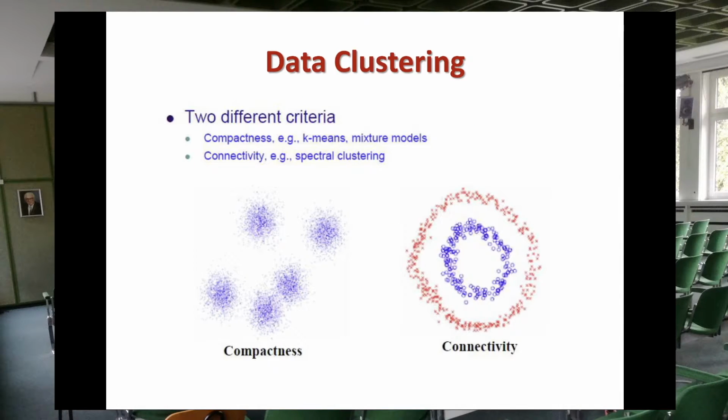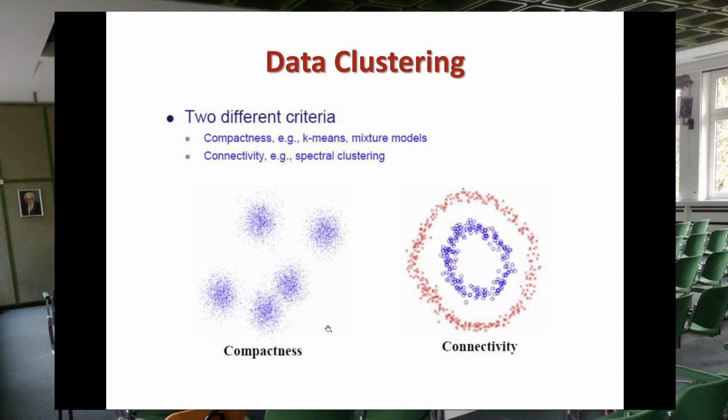In k-means, for example, or in mixture of Gaussian models, we are looking for clusters that appear like compact clouds of points, like in this example on the left.